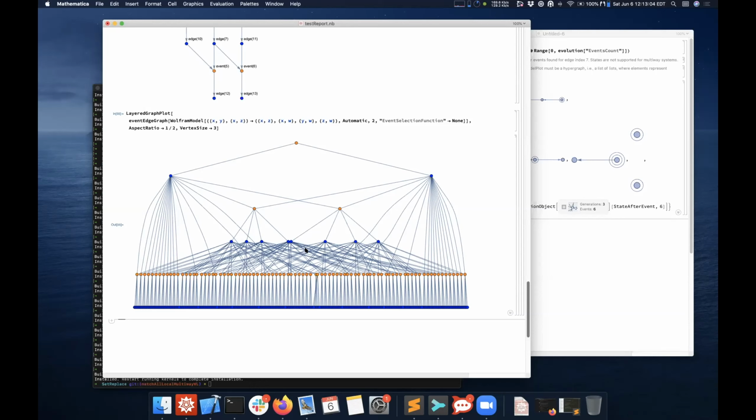So at every step, every event is generating separate edges, right? And the events collect together multiple edges. That's what an event does. Yeah. So then, let's take a look. Hold on one second. Let me give you another rule to look at.